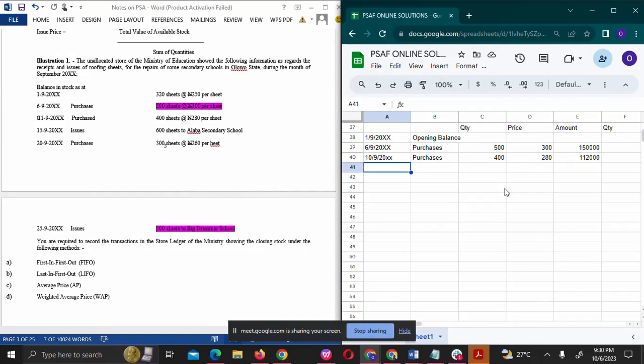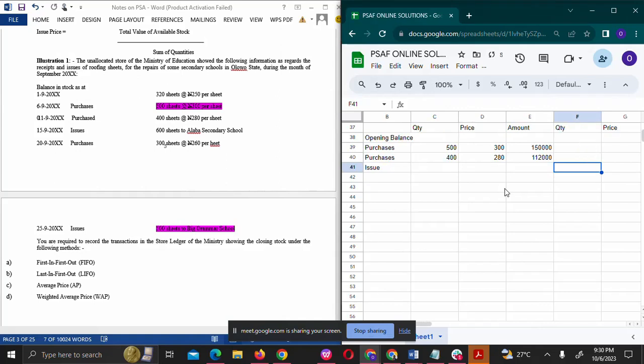So now the next thing I want to determine is the issue price on the 15th, right? The amount of issue here on the weighted average price method, but we are issuing 600 units, right?